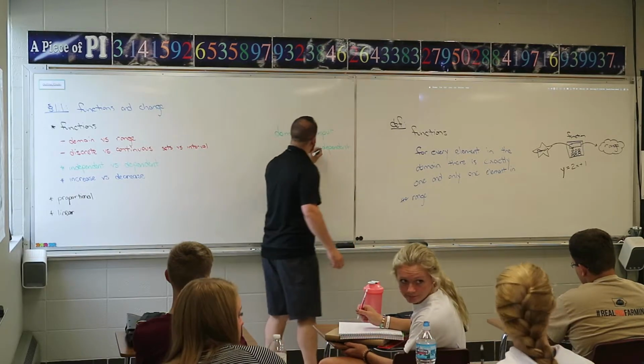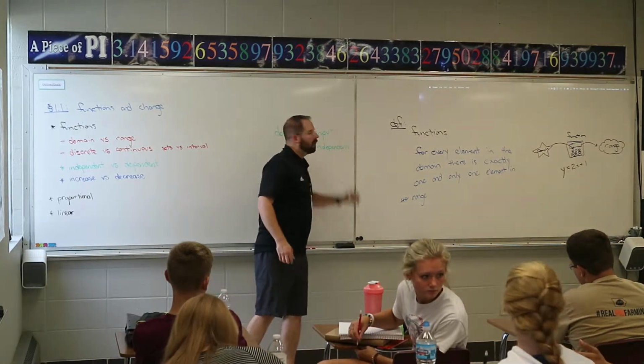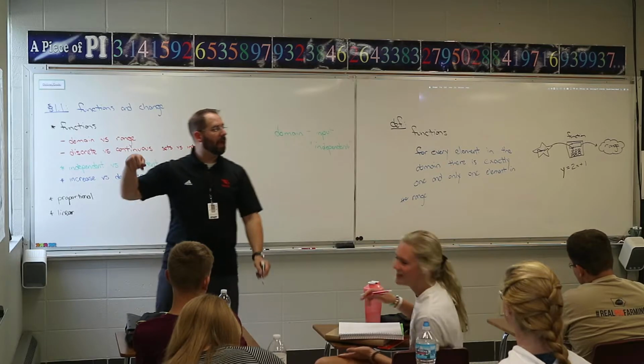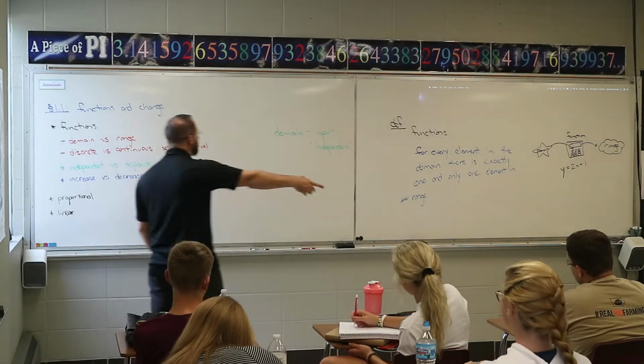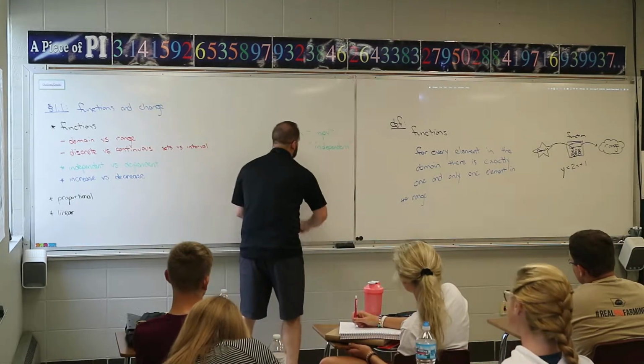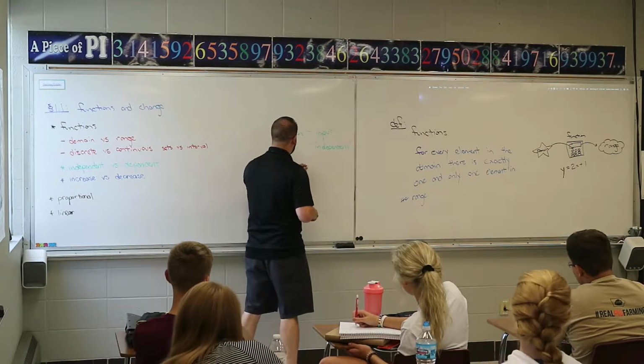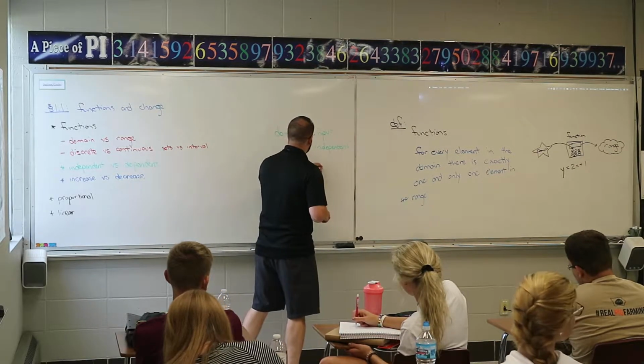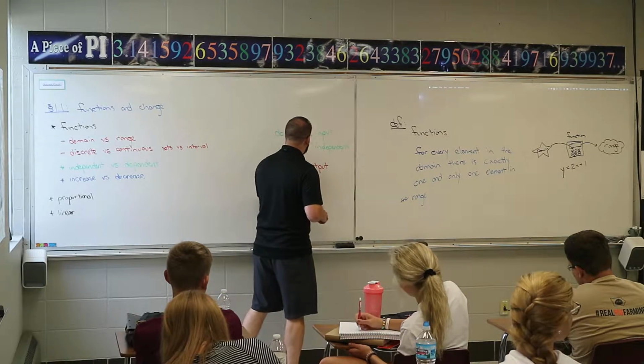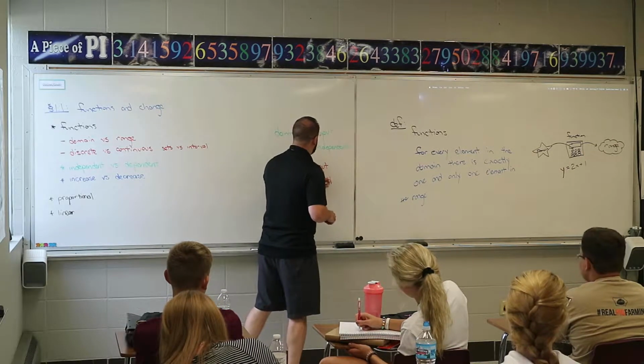The independent variable is the thing you're in control of. You enter it into the calculator. You hit enter. The thing that the calculator spits out is the range. Range, that's output. Okay, that's dependent. It depends on what you enter.